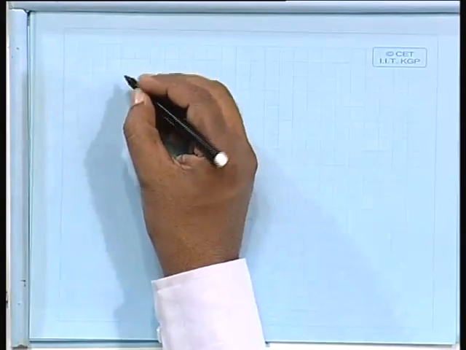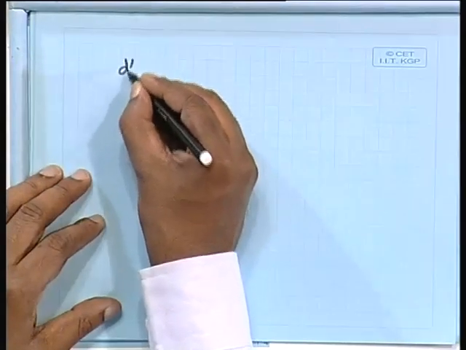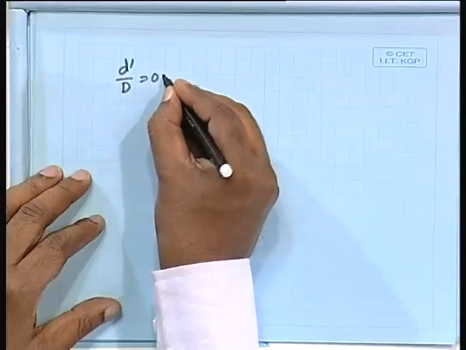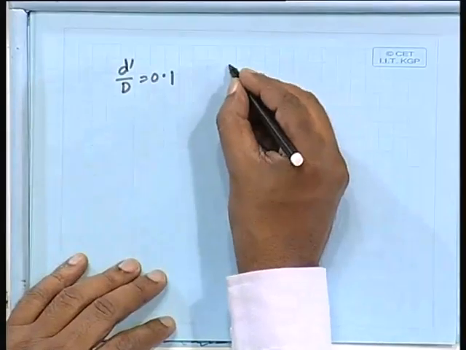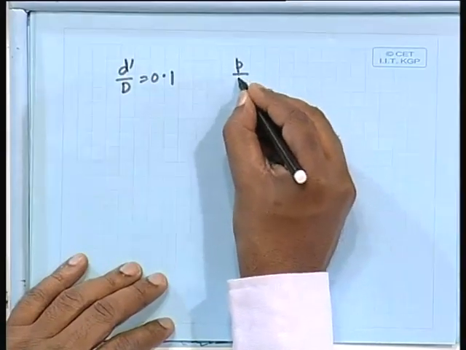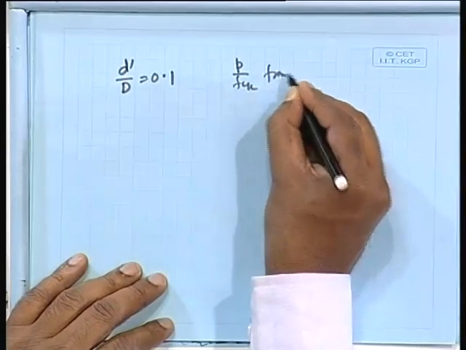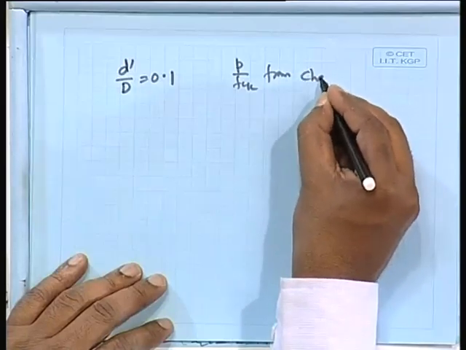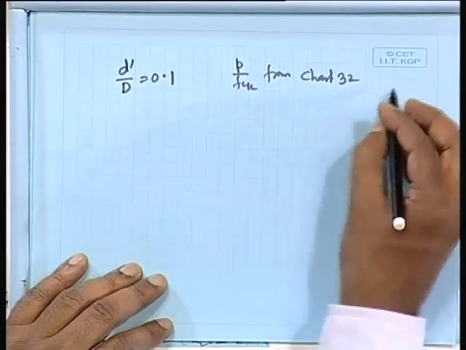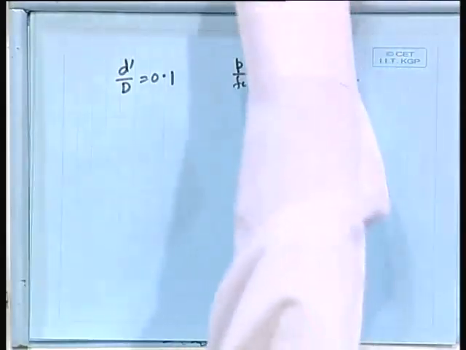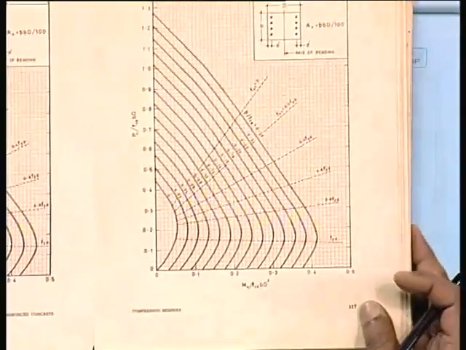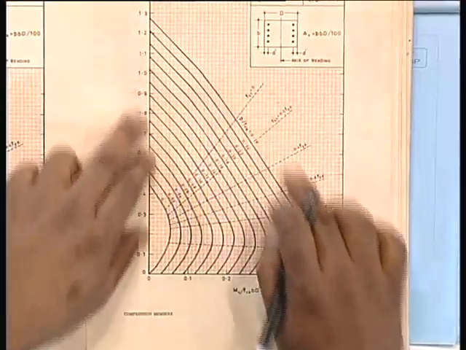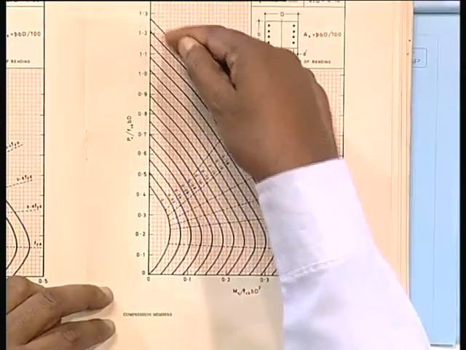So, if D dash by D is 0.1, P by FCK from chart 32 will be equal to, it is difficult, but anyway just let me tell you how that chart comes.